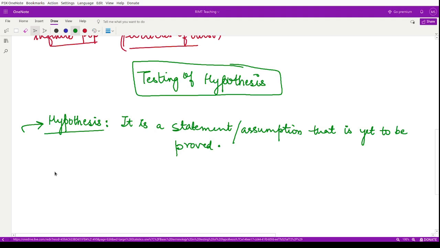Now there could be two kinds of hypothesis. One is the scientific hypothesis, another is the statistical hypothesis. What is a scientific hypothesis?